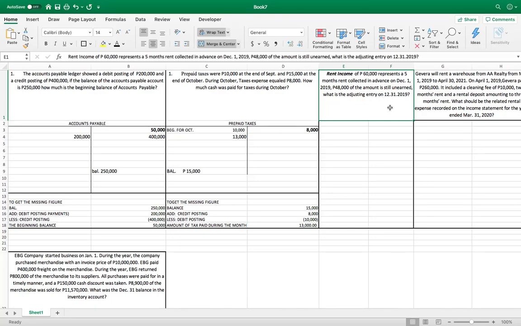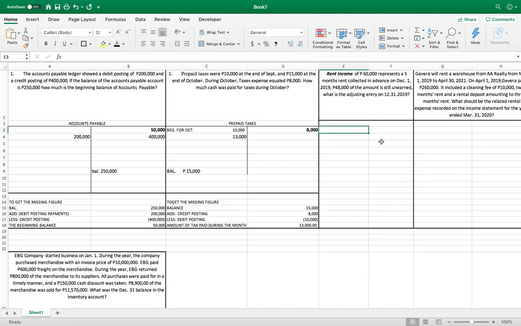So what is the adjusting entry? What are you going to recognize? Are you going to recognize the 12,000 or the 48,000? Go back to the problem: rent income. That is income, so the income method was used when the cash was received. Therefore, we will recognize the unearned.